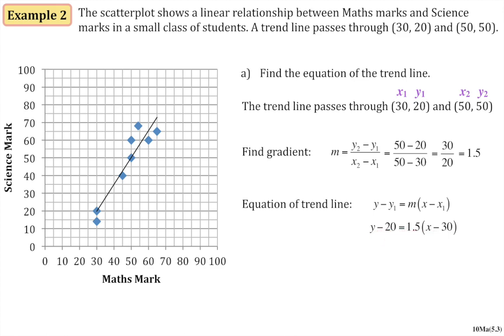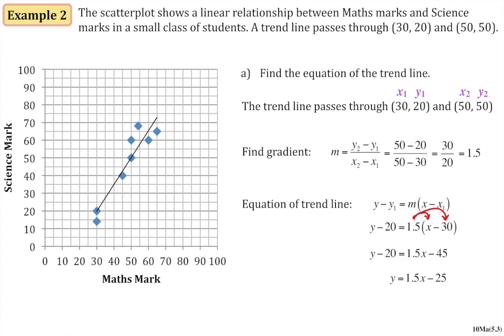The next step is to multiply my bracket out. So to do that, I get y take 20 equals 1.5 times x is 1.5x, 1.5 times 30 is 45, and there's a minus there, so that's my expansion.